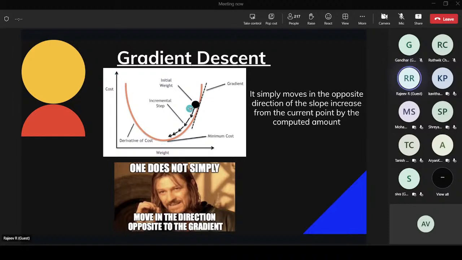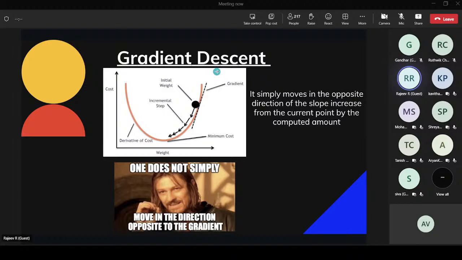So this is our variable's starting point, as you can see with this black dot here. This variable is your weight or your bias, which you want to tweak using the optimizer so as to gain a minimum loss function. It will compute the gradient at that point, and all it does is move opposite to the gradient. That's pretty simple to understand.